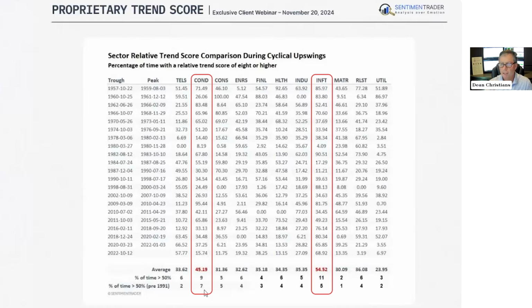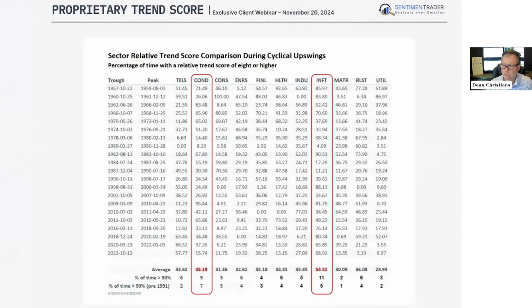Now, that doesn't mean there aren't going to be stocks in the value pool or the defensive pool that are going to outperform and have relative and absolute trend scores of 10, and you can't make money in it. It just means that from a big picture perspective, the tailwind is traditionally in these growth stock sectors.